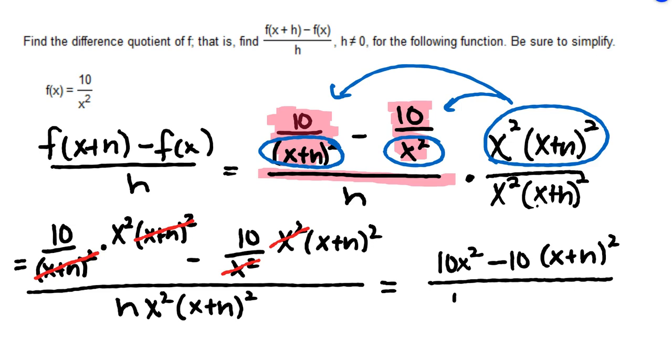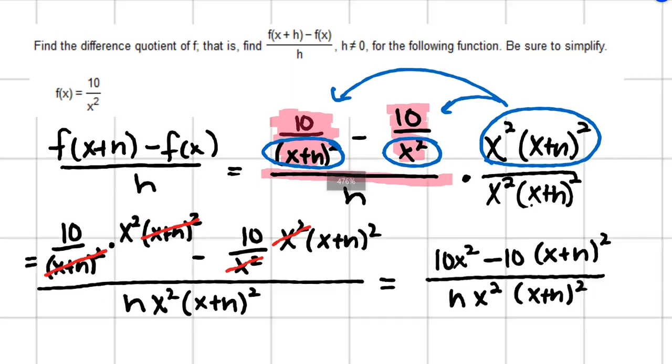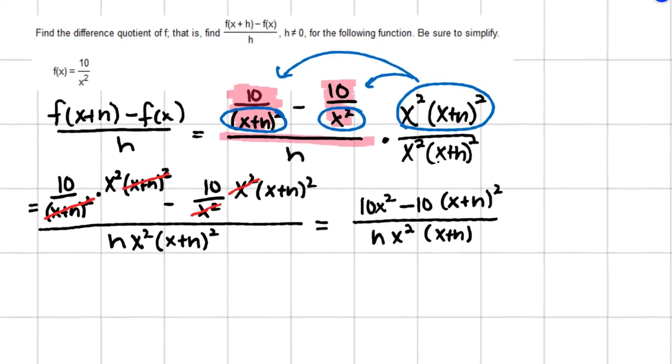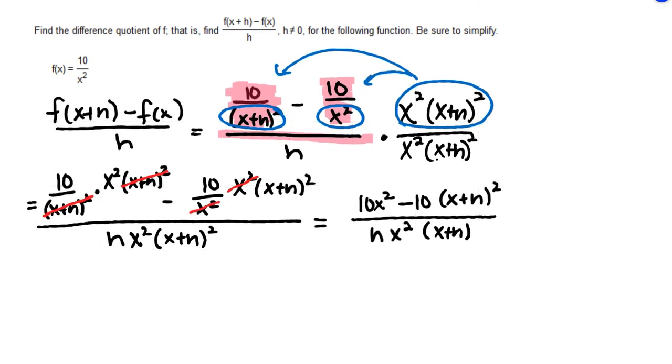And that's over that same denominator that we had earlier, h times x squared times (x plus h) squared. We will continue to simplify, and what I want to do now is to simplify this (x plus h) squared.